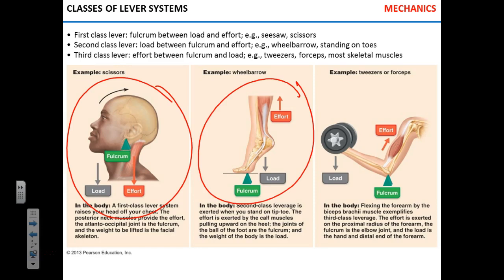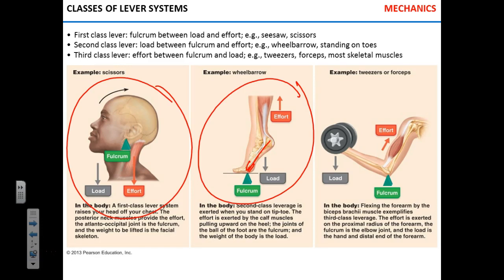Effort operating with mechanical advantage: gastrocnemius muscle. These muscles are rather small, but when they contract, the origin is the distal femur, I'm sorry, distal femur. They originate right here. And gastrocnemius is inserted into the calcaneal bone.